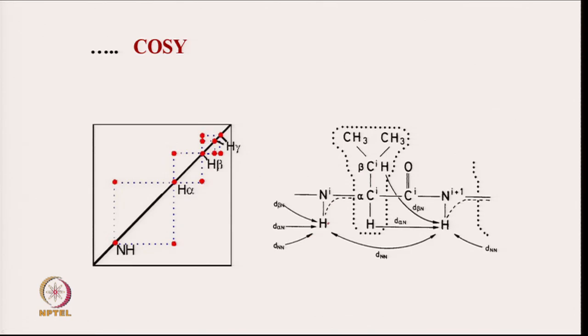Let us look at this molecule. Now, you can see there is a correlation between this proton and this proton, and that is what you can see. As I told, in COSY there is a diagonal peak and there are cross peaks. Diagonal peaks are not that useful.